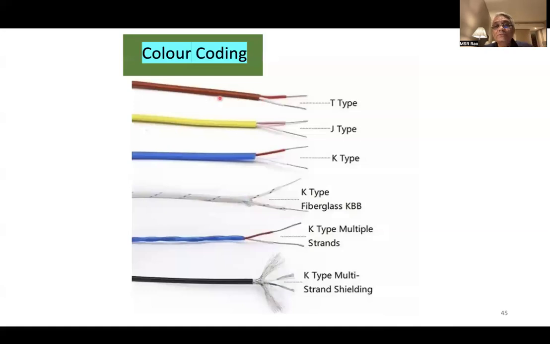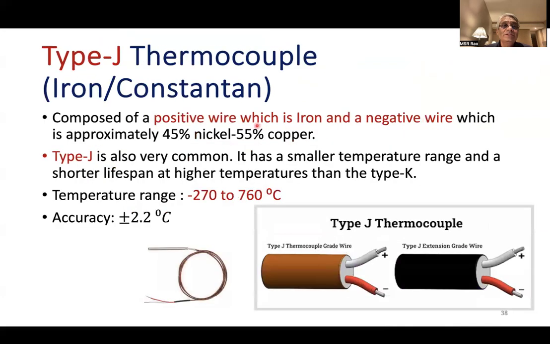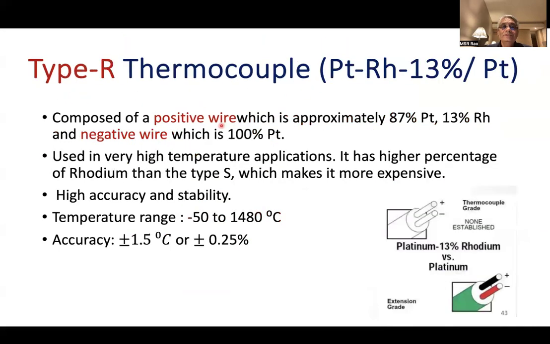For example, the T-type thermocouple is a maroon color. The J-type is typically a yellow colored one. So the moment you see a J-type thermocouple, you should recognize it as a J-type thermocouple, and you're seeing a J-type thermocouple is nothing but iron constantan.